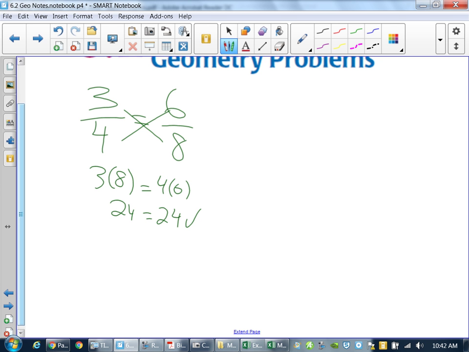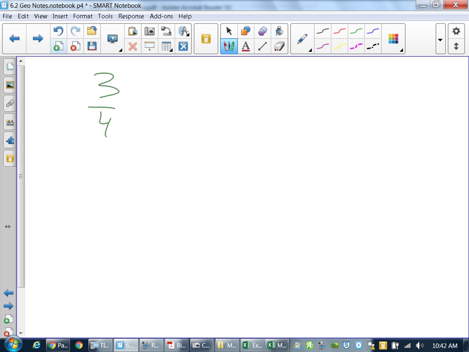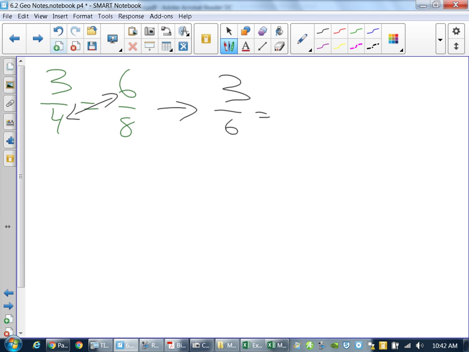So if I look at the next one, if I say 3/4 is 6 over 8, watch what happens if I flip-flop those two. What I mean by that is I'm going to change the ones on the diagonal. Is that a true statement?